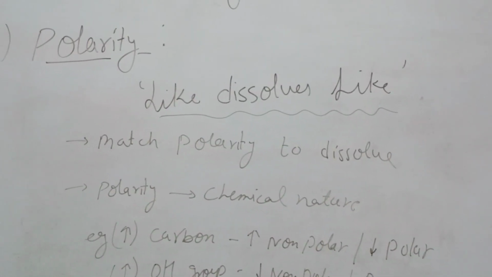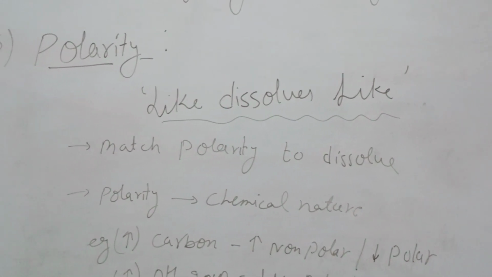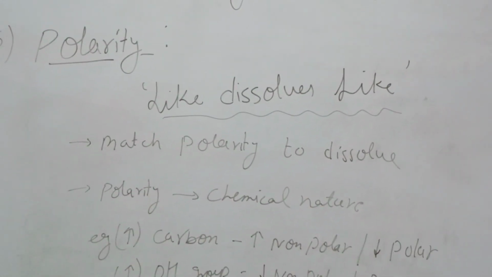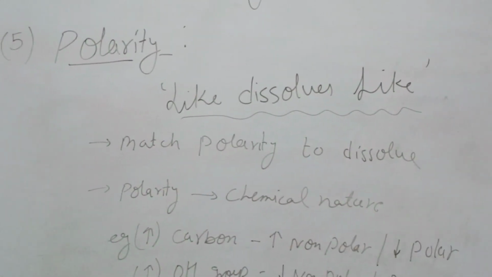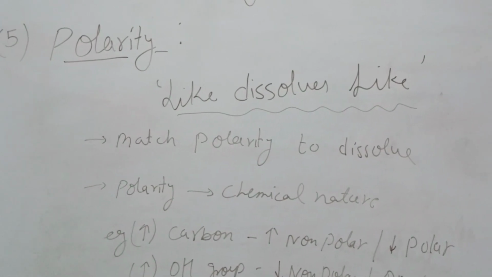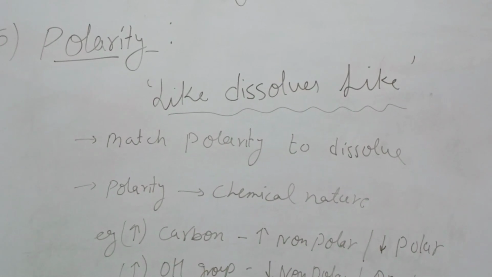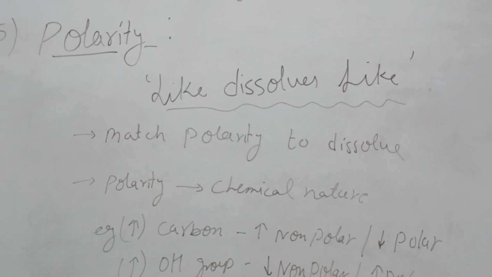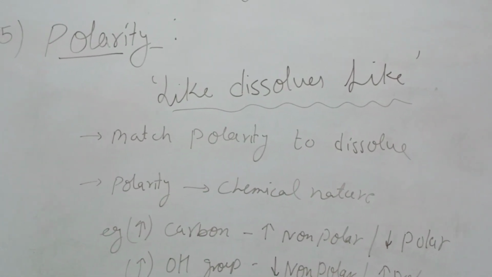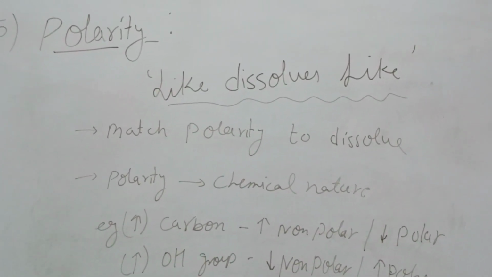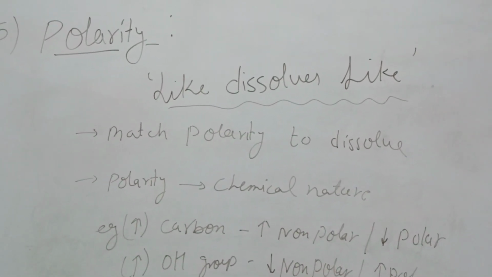It states that in order to dissolve a solute in a solvent, the polarity of the solute must match the polarity of the solvent, and unless the polarity of the solute matches the polarity of the solvent, its solubility can't increase. Whenever the polarity of solute and solvent match up with each other, that solute dissolves very well in the solvent.